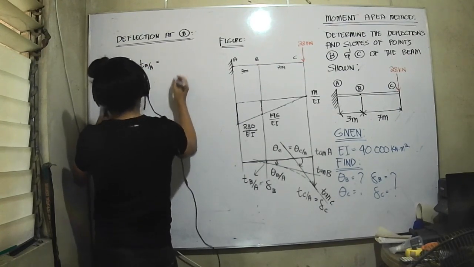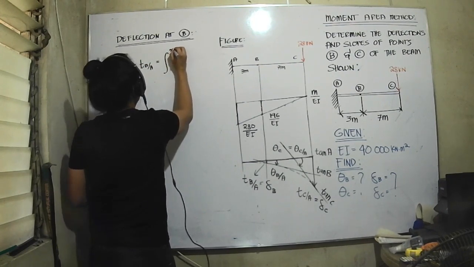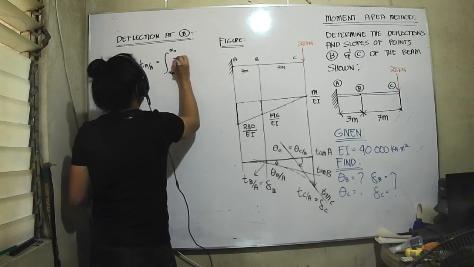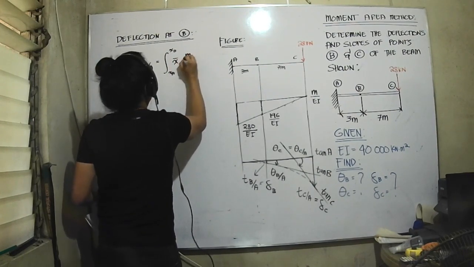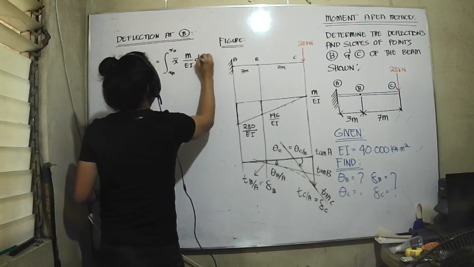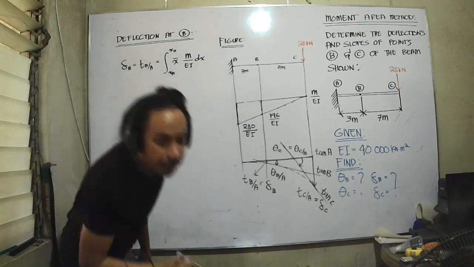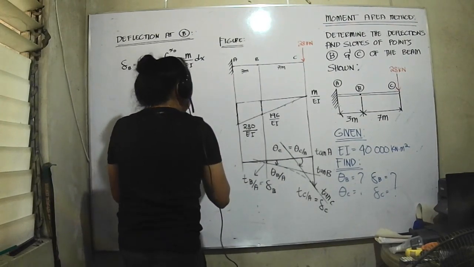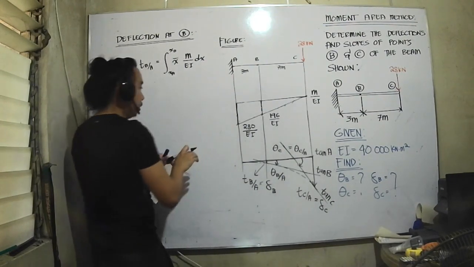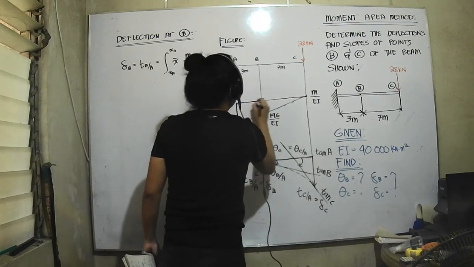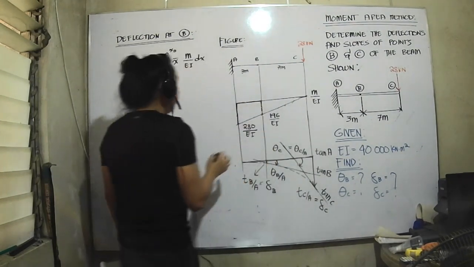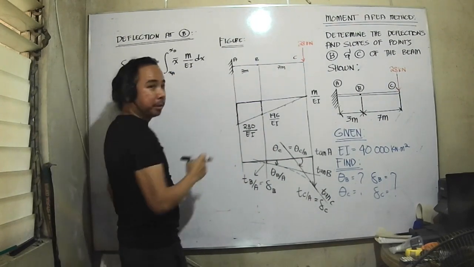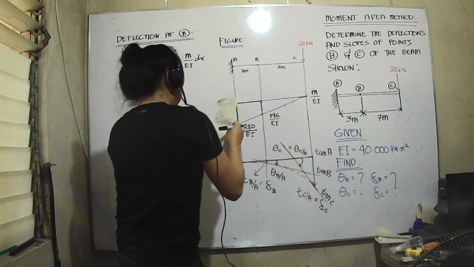So, when you say that, this formula applies. If I were to use it, we need to find the centroid, multiply the area by its centroid distance to B. Okay, how do we solve for that?